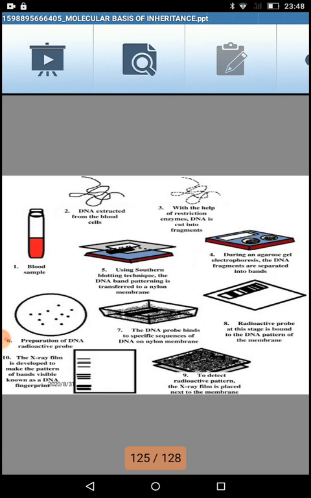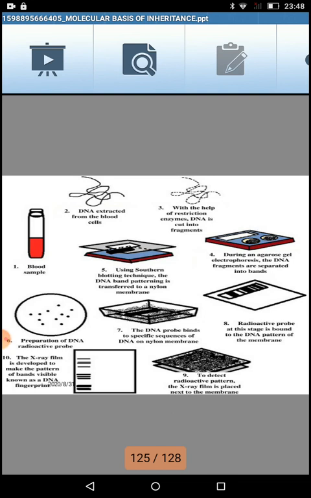This membrane is then treated with radioactive probes so that they can attach to these VNTRs. Once they are attached, the nitrocellulose membrane goes for X-ray filming, that is autoradiography, and the bands of DNA can be observed as dark bands on the X-ray film.